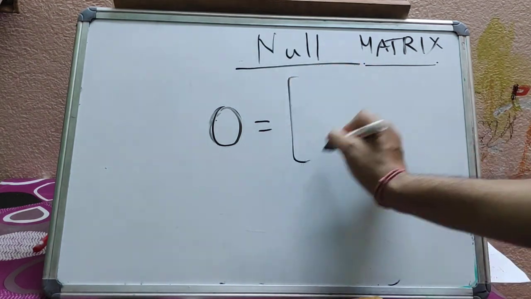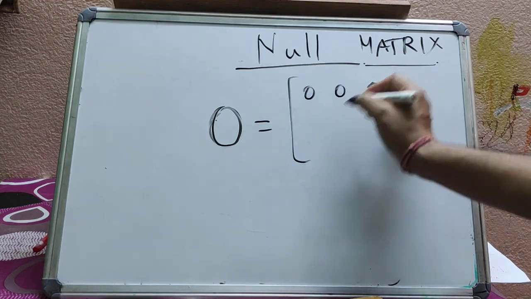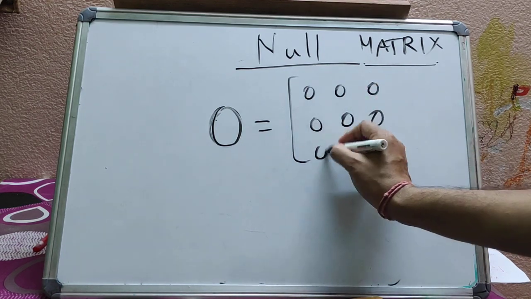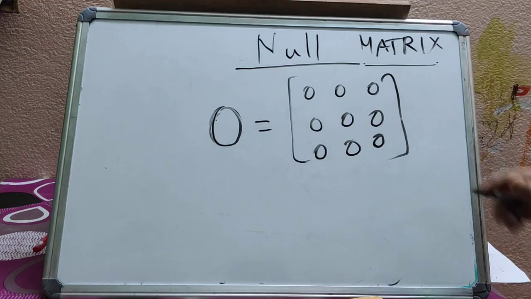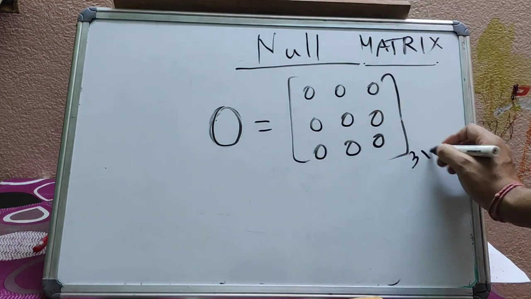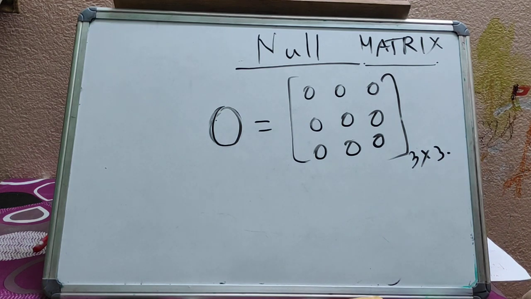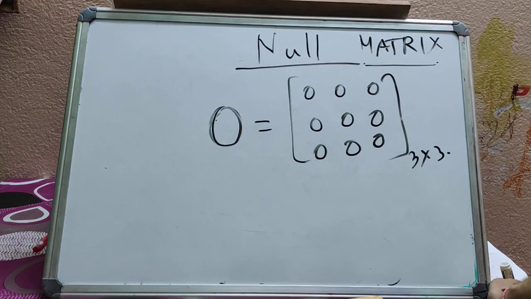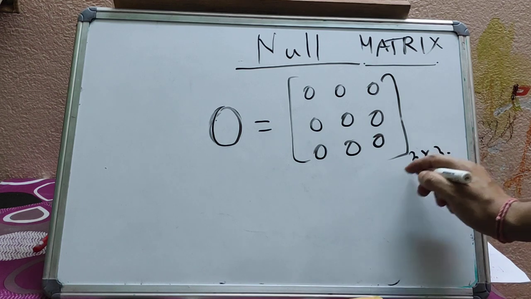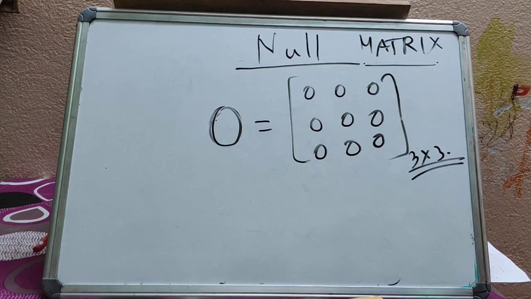So the null matrix is the matrix which has all the elements as 0. Here in this matrix it is a 3 cross 3 matrix, but a null matrix is identified as a matrix which has all the elements 0, but it has no specific order.